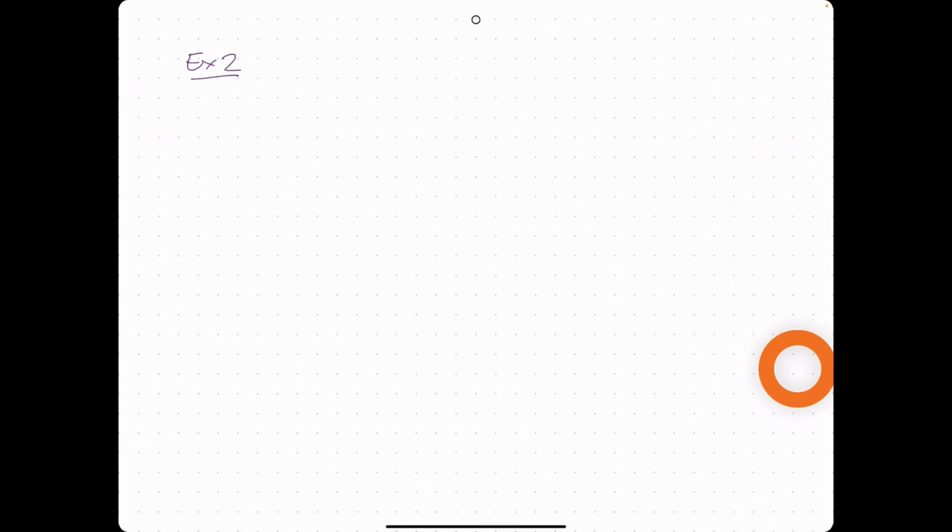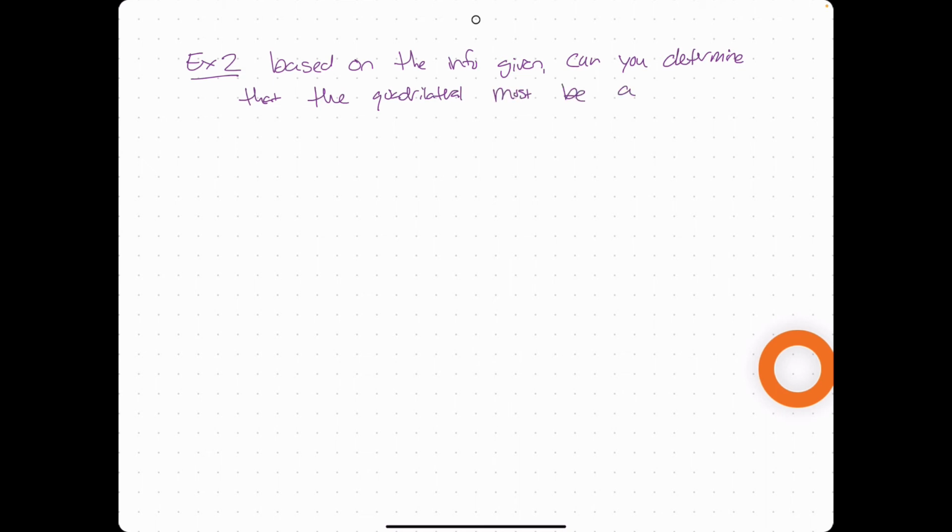Example 2 is this one: developing a proof based on the information given. Can you conclude, or can you determine, that the quadrilateral must be a parallelogram?